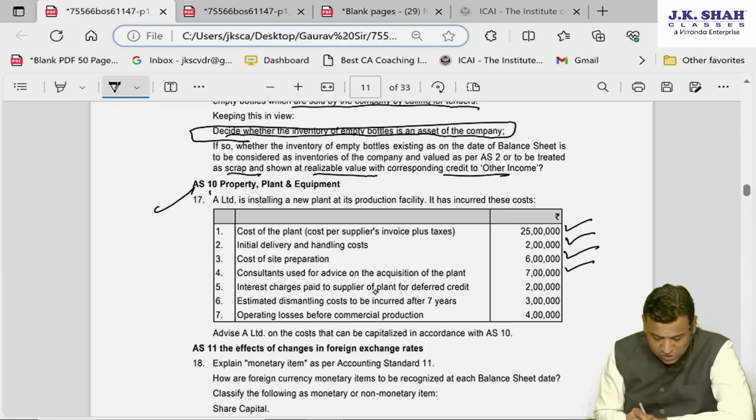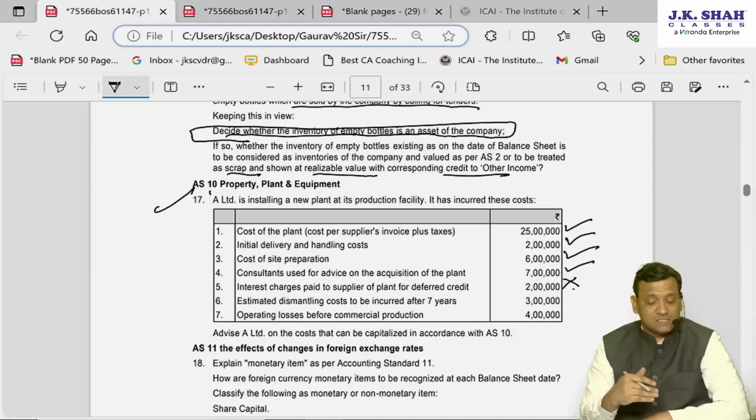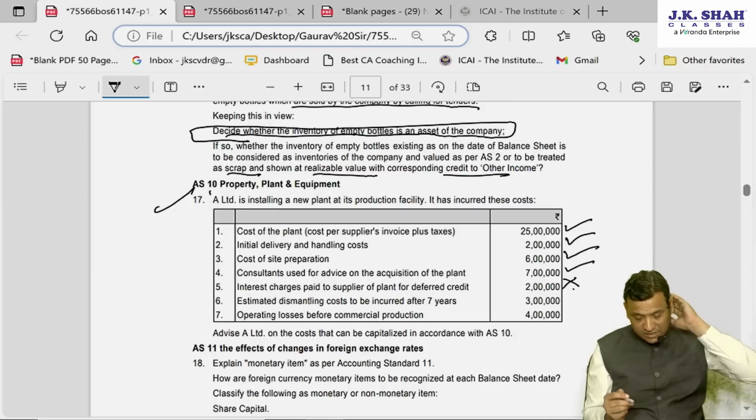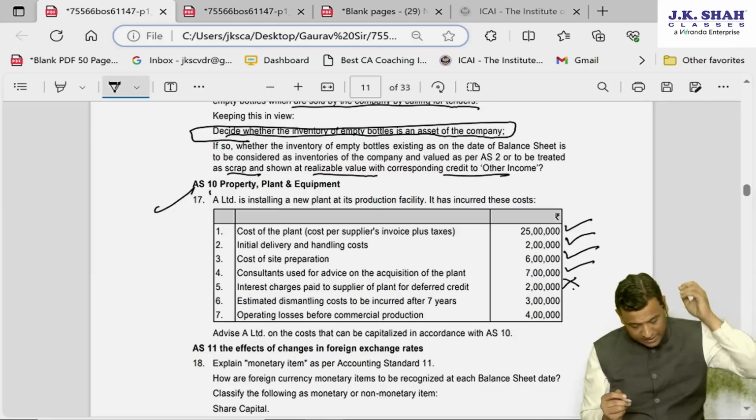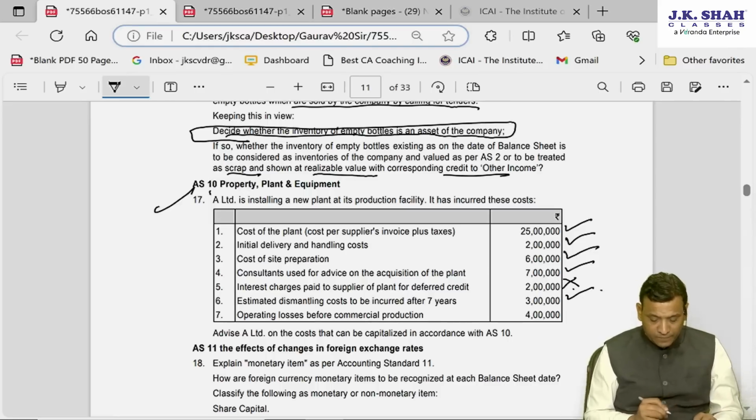Interest charges paid to supplier of plant for deferred credit. No sir, this cost cannot be included because the asset is not a qualifying asset. Only if the PPE had been a qualifying asset, I would have capitalized the interest charges, that is, the borrowing cost would have been capitalized. Estimated dismantling cost. Yes sir, this will be included.